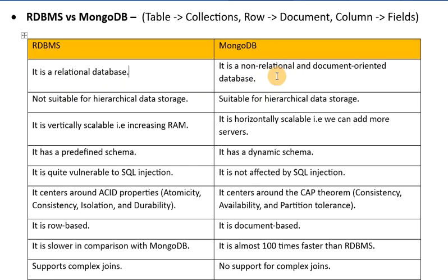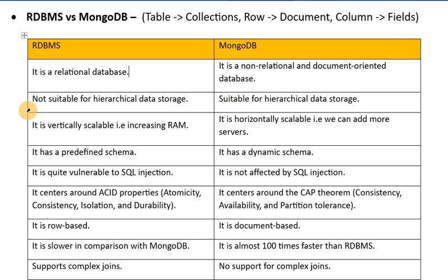So how is the structure of the database here? It is not relational, but hierarchical. In MongoDB, we are not going to have relational data. We are going to have hierarchical data, and it is non-relational, and it is a document-oriented database. So we are going to have a document for every piece of data.